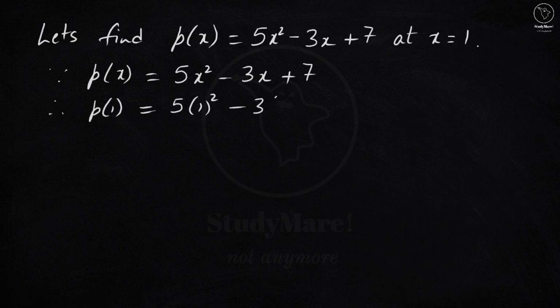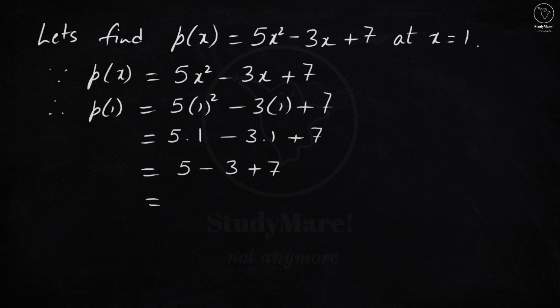Next, minus 3 into 1 plus 7, which equals 5 into 1 square is 1 minus 3 into 1 plus 7, which equals 5 into 1 is equal to 5 minus 3 into 1 as 3 plus 7, which is equal to, again bringing all the positive numbers together, we get 5 plus 7 and the negative number, that is only 1 here, which is minus 3, equals 5 plus 7 is 12 minus 3, which is equal to 9.